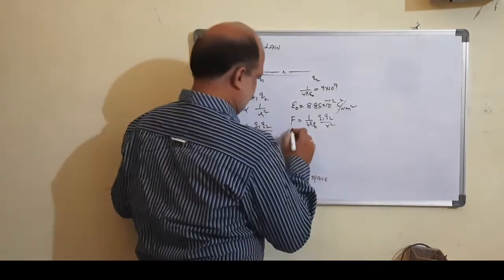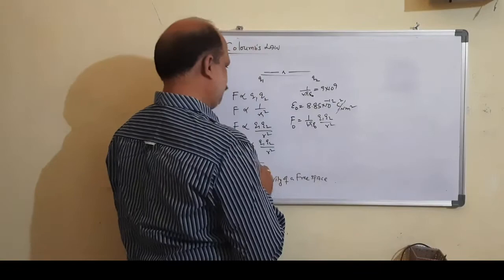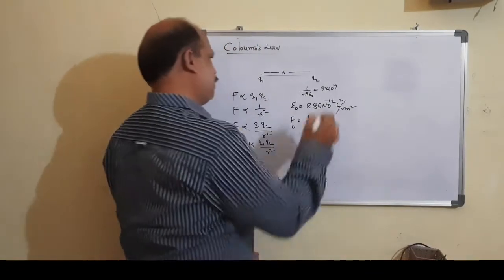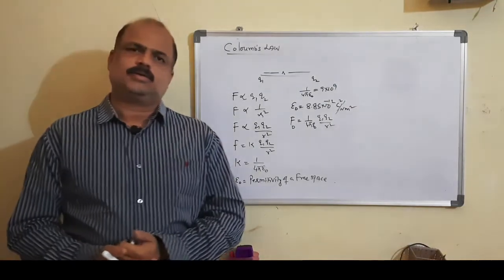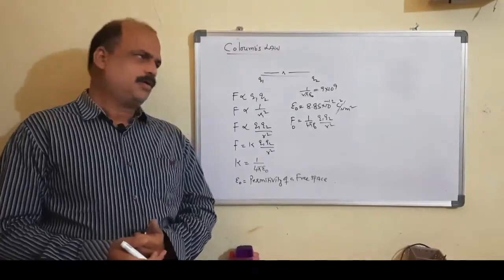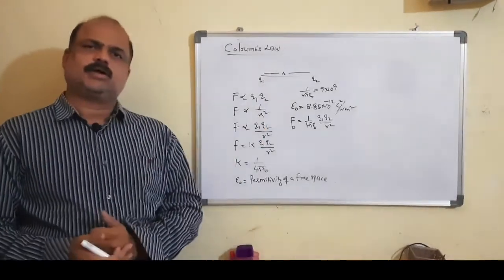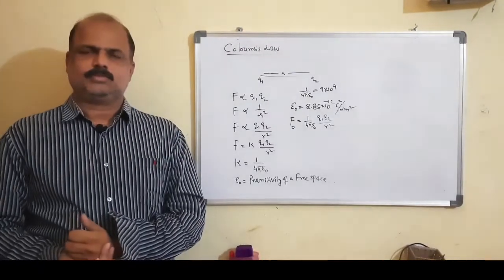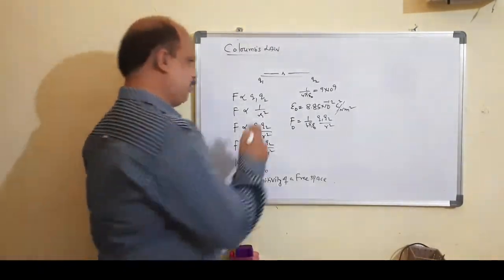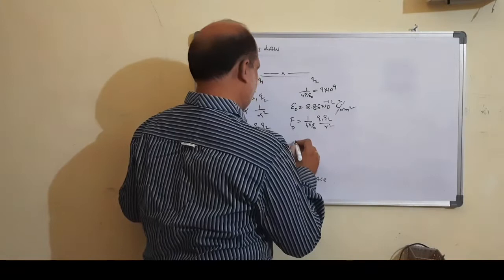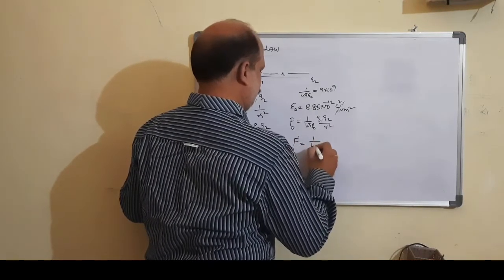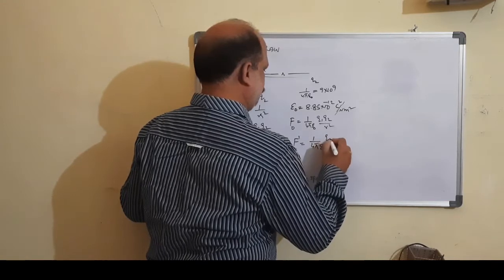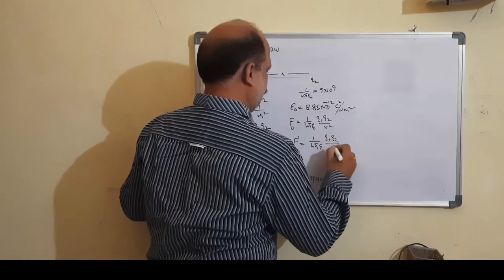This is also known as F naught. For example, if the same two charges are separated by the same distance in a medium other than air or vacuum, then what is the force between these two charges? F dash is equal to 1 by 4 pi epsilon Q1 Q2 by r square.